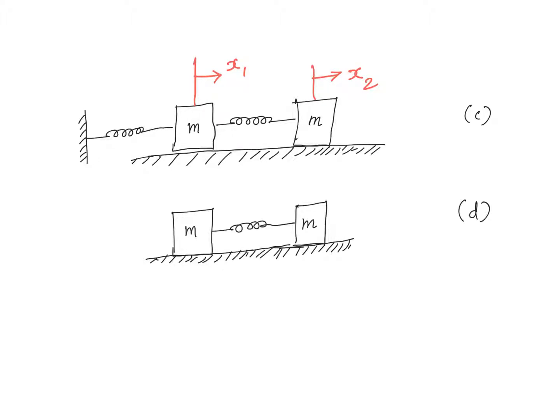Pressing forward, the same kind of argument holds true for the system shown in the D figure as well. But here you can see this restraint is missing. This particular restraint, which was holding these two wagons or two individual masses to the left-hand side, is missing here.